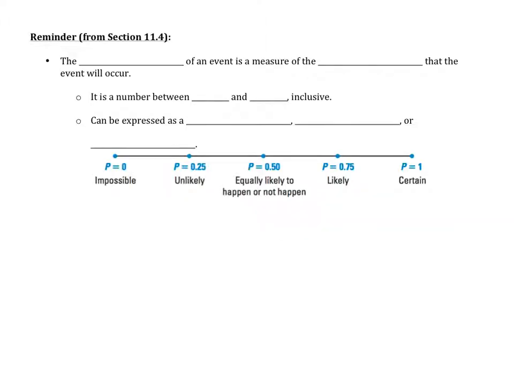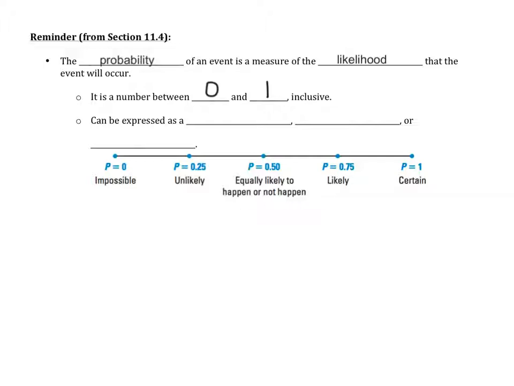And here's a reminder from section 11.4, because if you remember, we have talked about probability before when it came to geometric probability. So again, the probability of an event is the measure of the likelihood that the event will occur. It is a number between 0 and 1 inclusive, meaning we can include 0, like you could have a 0% chance, and 1, meaning you could have like a 100% chance.